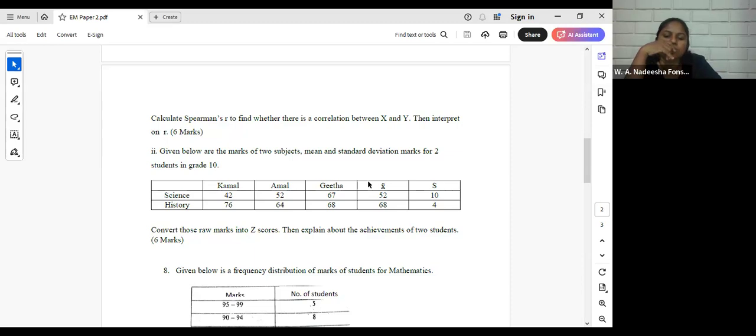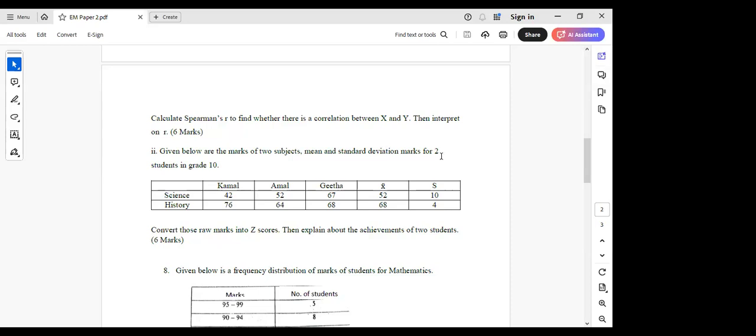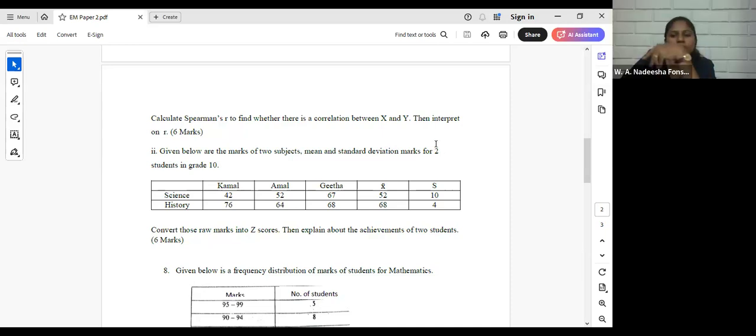Sorry, not 2 students, printing mistake, there are 3 students. There are 2 subjects and 3 students. Here also marks for 3 students. My printing mistake, I translated from the Sinhala medium one, so it's my mistake. It should be 3 here, and here also 3.